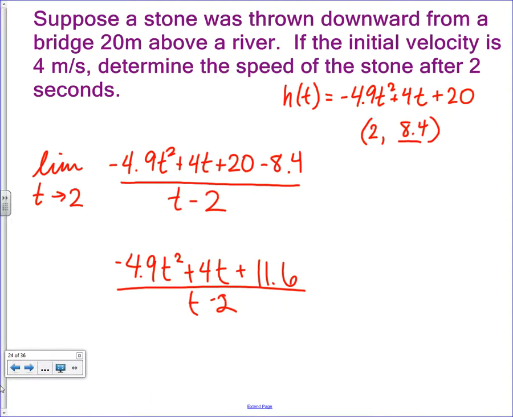And now here's where we're going to need to factor. I know I have a t minus 2 down here. So I'm going to start with a t minus 2 up there. What do I need to start this other factor with? Yep, negative 4.9t. That takes care of this term. Now this term is 11.6.